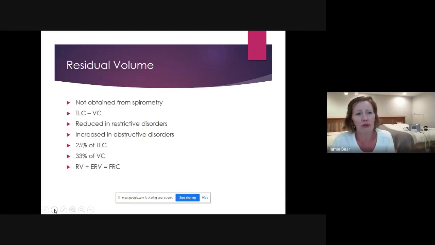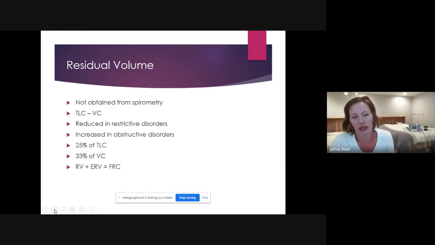You can get that by subtracting your vital capacity from your total lung capacity. It will be reduced in restrictive disorders and significantly increased in obstructive disorders based on the severity of the obstruction. It should be about 25% of the total lung capacity, or about 33% of the vital capacity.